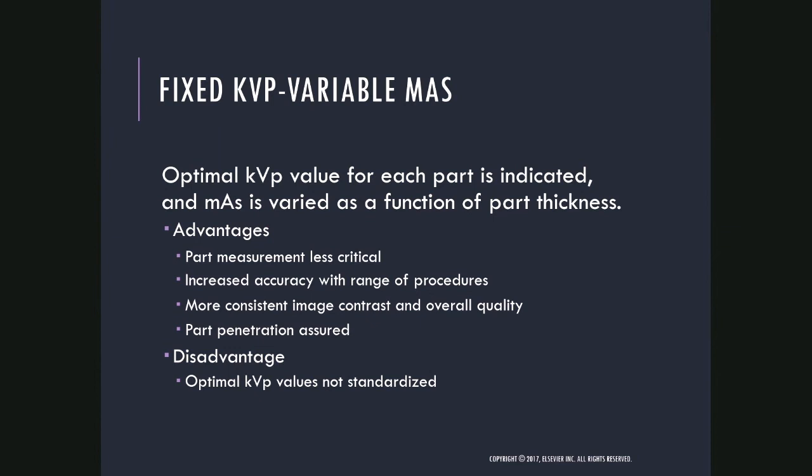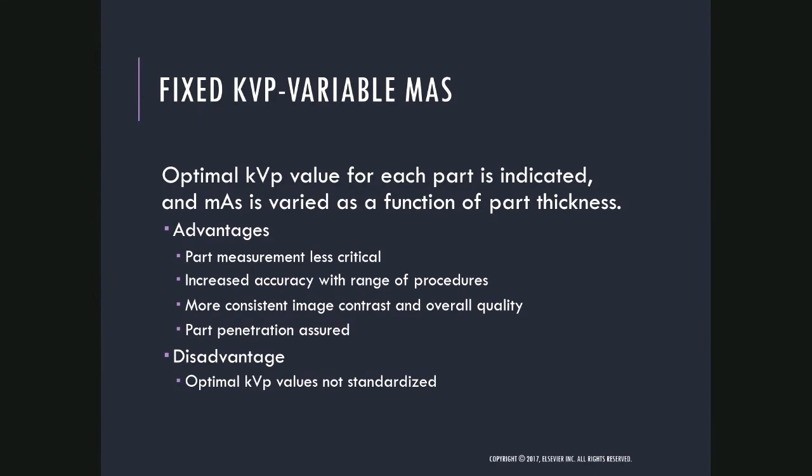You have more wiggle room with your MAS than you do with your KVP. You also have an increased accuracy with a range of procedures, more consistent image contrast, and overall quality. That is based on the premise that changing your KVP is going to change your contrast. Remember, I told you your registry still says that, so we're still working off that.